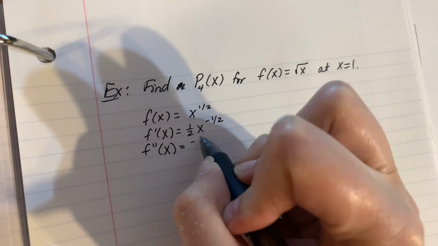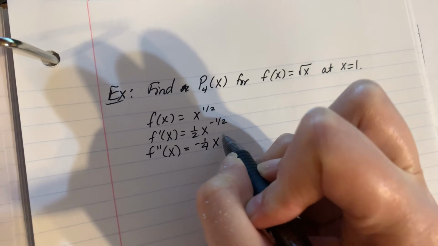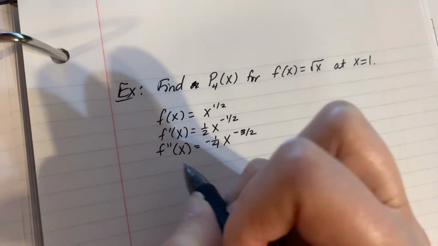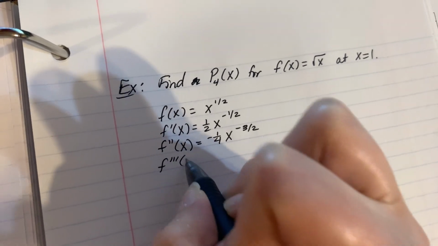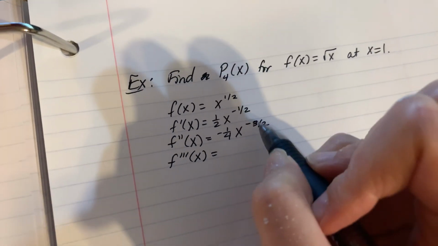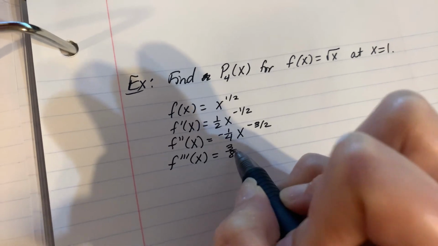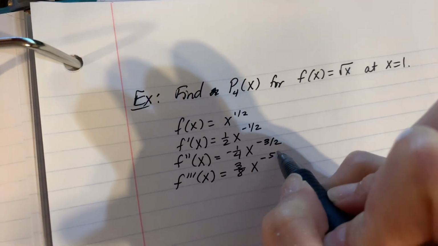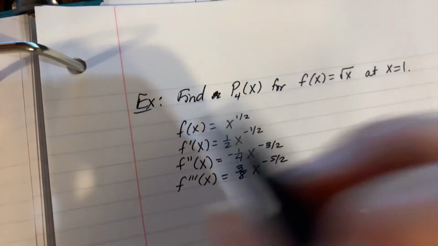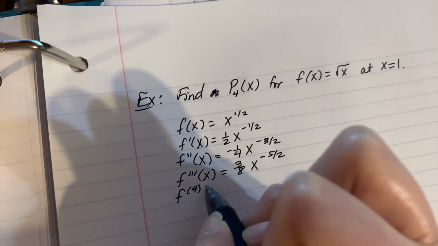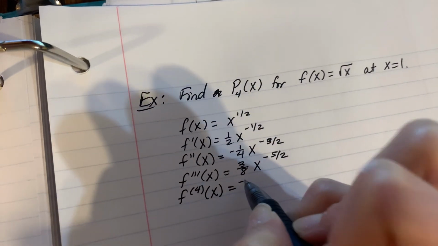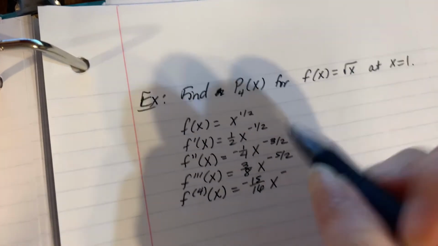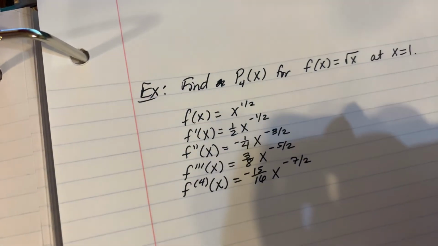Bring it down, so that'd be negative 1/4 x to the what? 1/2 minus 1, so negative 3/2. And then f triple prime of x is going to be 3/8 x to the negative 5/2. Yeah, 3 minus 2. And then f4 of x is negative 15/16 x to the negative 7/2.